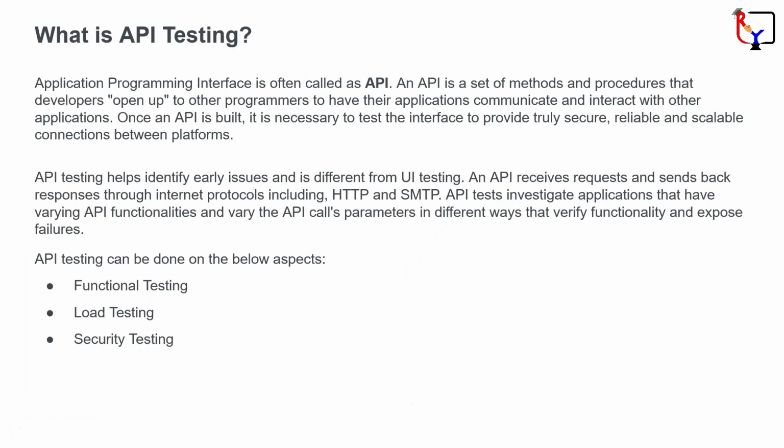API testing helps to identify issues early. What does it mean? UI testing takes more time compared to API testing, and API testing builds confidence for the tester that the core functionality is tested properly. So after the API testing, when the tester performs the UI testing, they only check the placeholders, image size, logos, and different kinds of elements which are available on the UI.